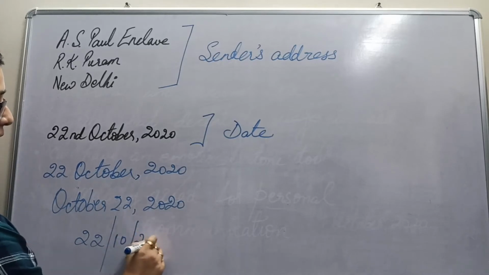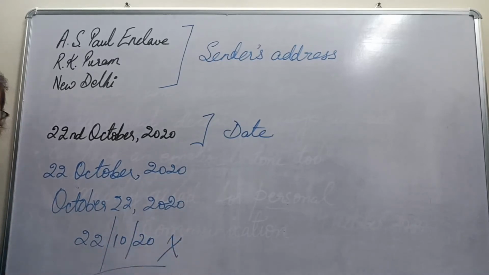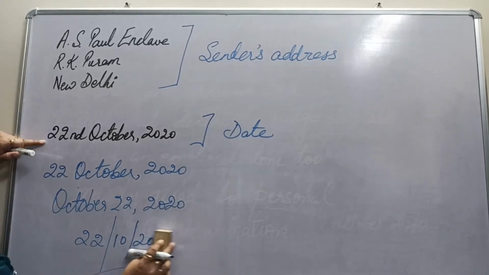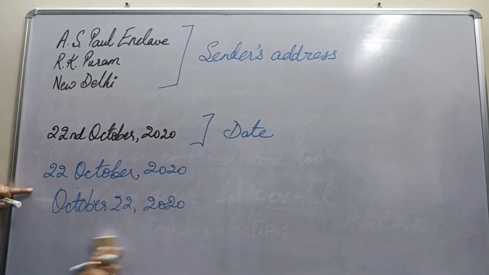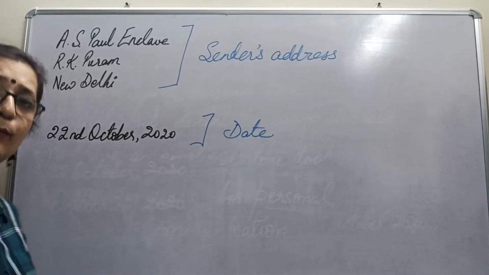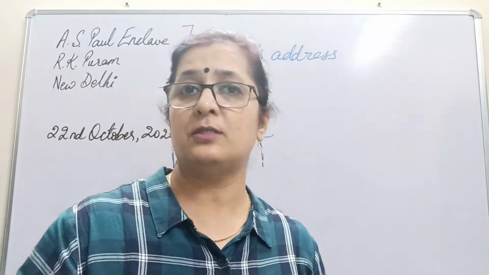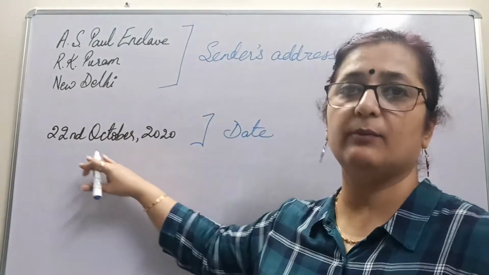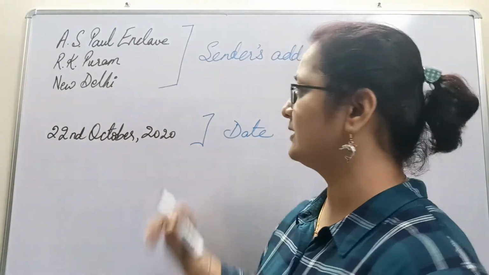This is not going to be acceptable at all, right? So we have to follow this particular pattern, or you can follow either of these. The entire name of the month, no abbreviations for the month is supposed to be used. Complete word, complete month has to be written there.